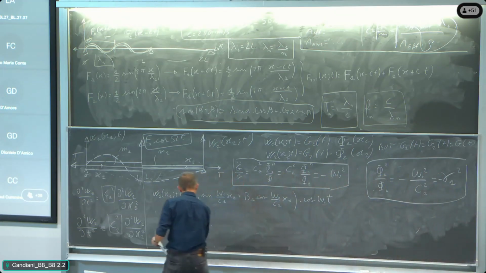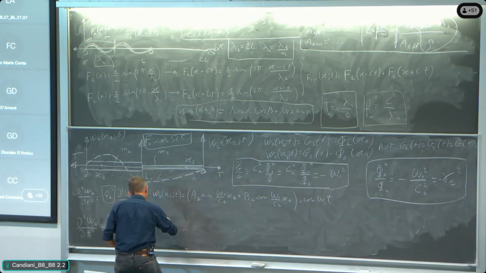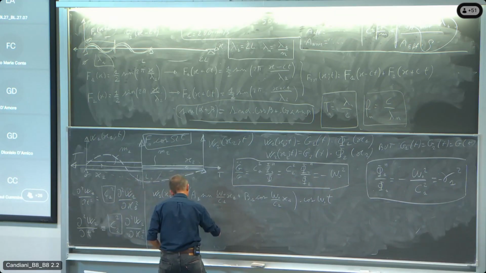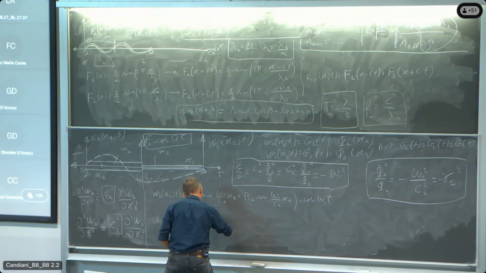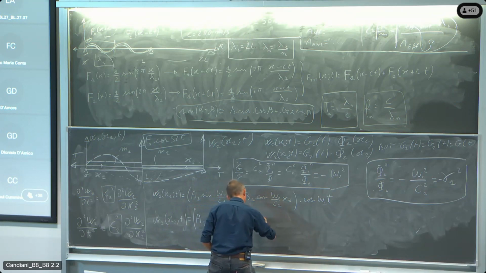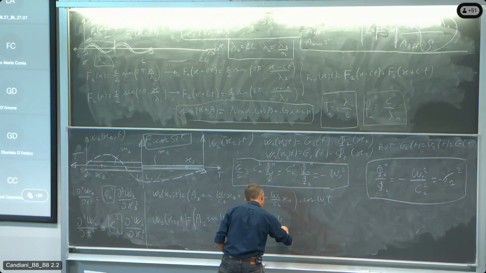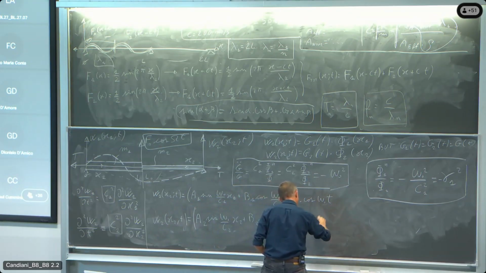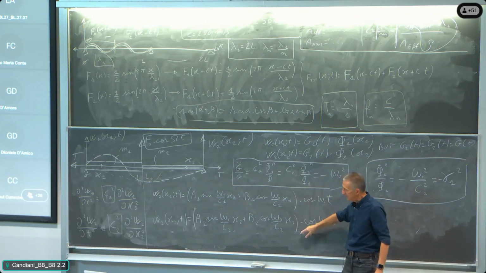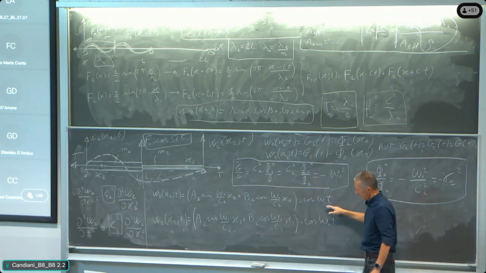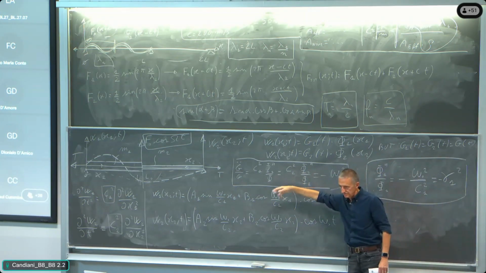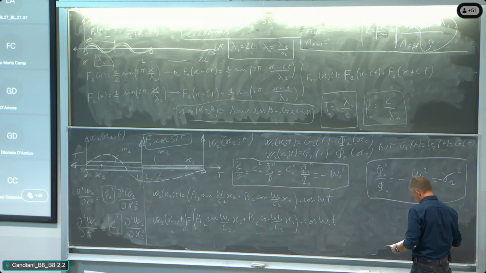So for this reason, then we write for the second W2 of x2 and time equal... and so we have two shapes that are different because this is gamma 1, this is gamma 2, and the time function that is exactly the same, because we said from the very beginning that they are sharing the same time function because they are connected. Well, so this is the starting point.